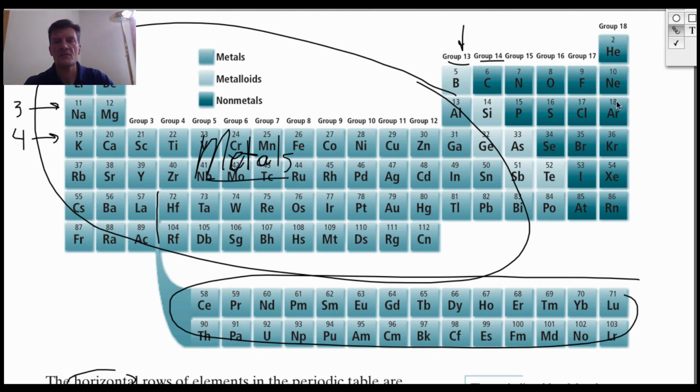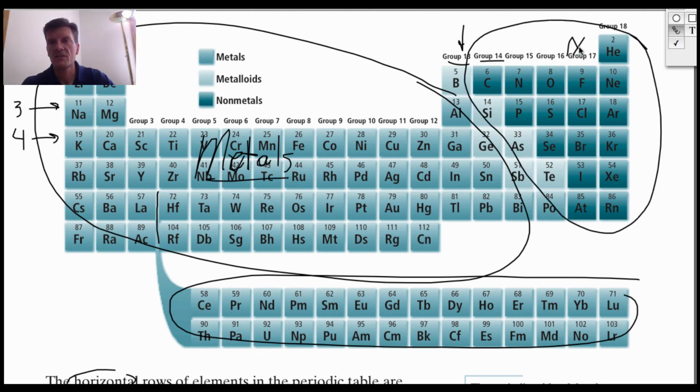Over here on the right side, these are all nonmetals. And then in between, you have some that behave a little bit like both, depending on what temperature they're at or what they're bonded with. Those are called metalloids. But you can see that predominantly on the left are metals, predominantly on the right are nonmetals, and the stair-step border in between, those are your metalloids.